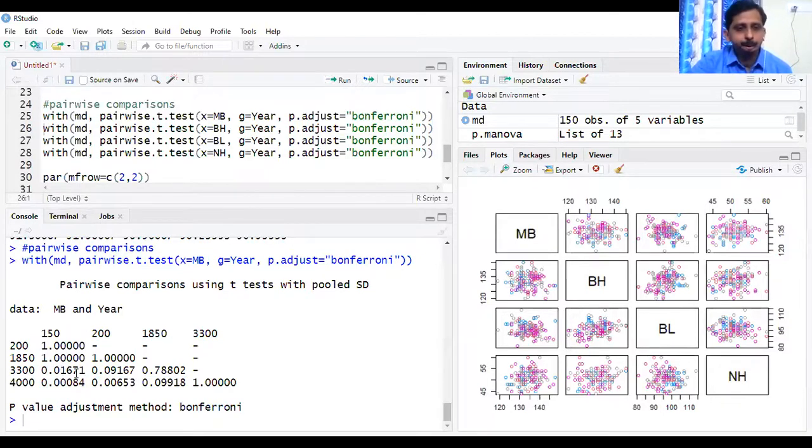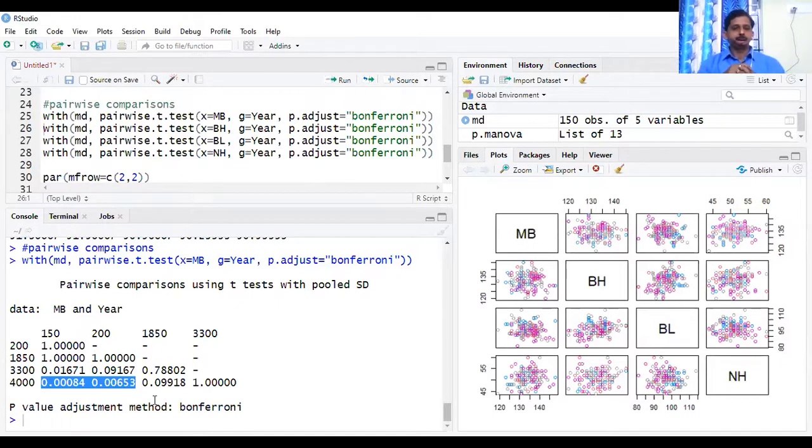Because of 0.0167, we neglect it and accept that the average breadth compared between 150 AD and 3000 BC does not differ. But now when we see these three p-values, sorry, even this will not come. Only two.